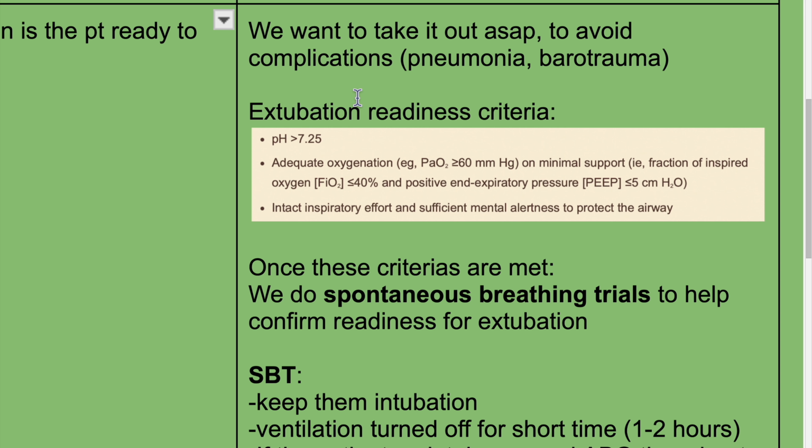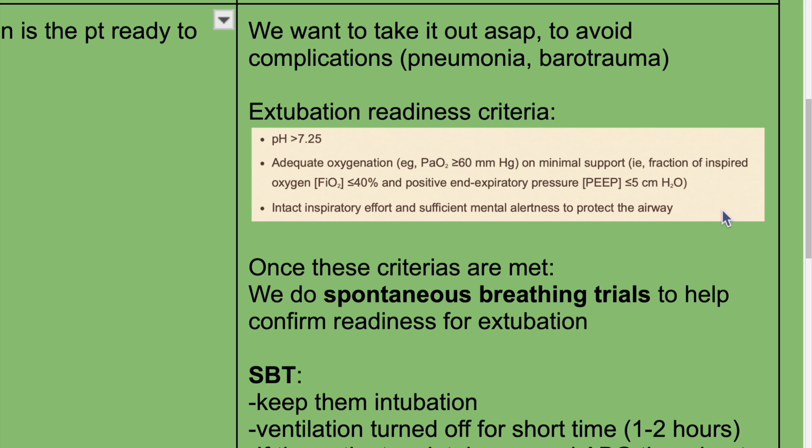Okay, so pH 7.25 or more. Oxygenation, sorry, oxygenation more than 60 mmHg.